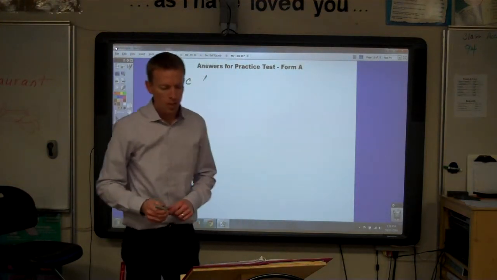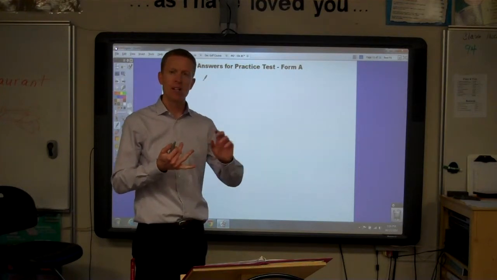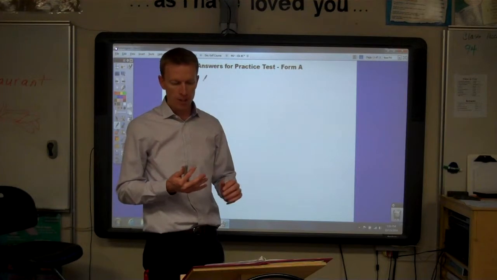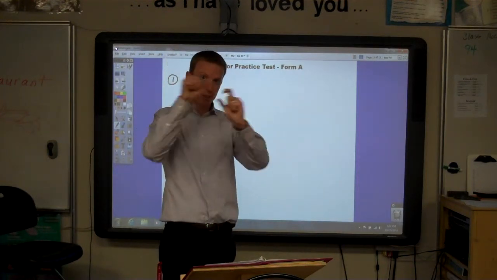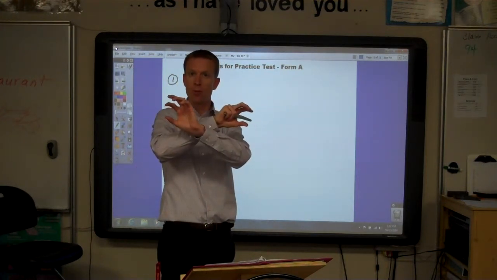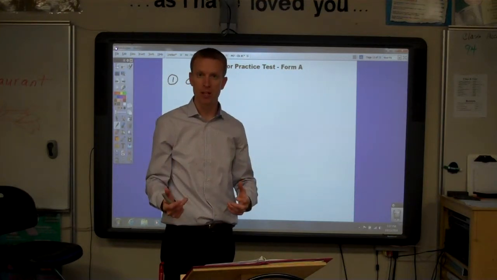Number two, this is a question about the properties. You'll need to know the commutative property, the distributive property, and the associative property. This one has addition in it, and it's where the numbers are flipped. Remember when we talked about that? If you flip the numbers, you can reverse the order and still get the same answer. That's the commutative property.